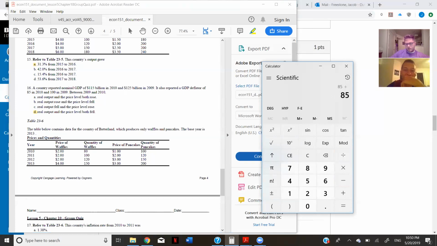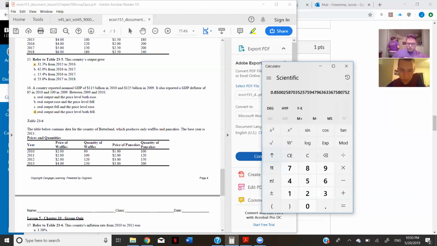So you take 85 divided by 100, and you both sides by X. $135. Okay, so that's 135, and then if you do the other way, so 85 over X. 1.